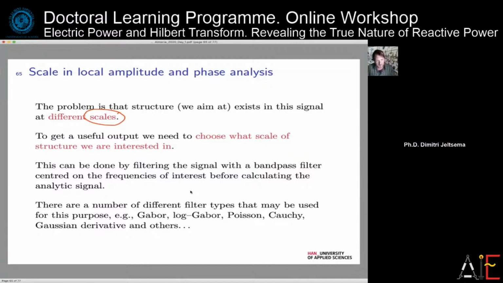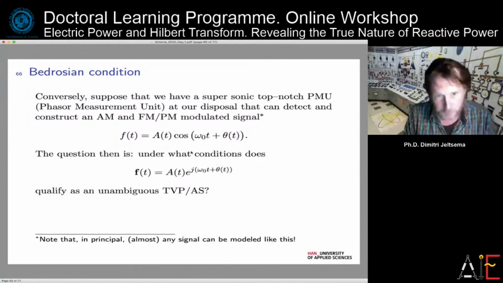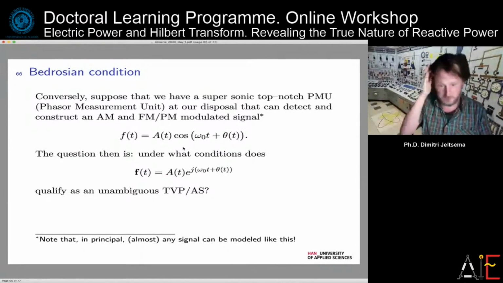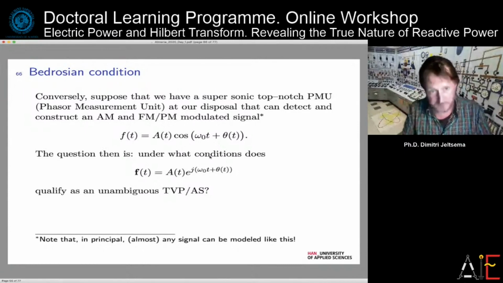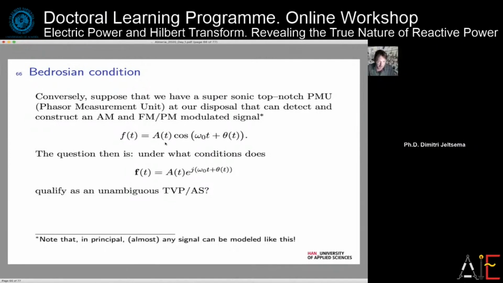Okay, we can also turn it around and suppose that we have a top-notch phasor measurement unit, and that we just measure a real signal like a voltage or a current, and then this PMU demodulates for us this time varying amplitude and this time varying phase.